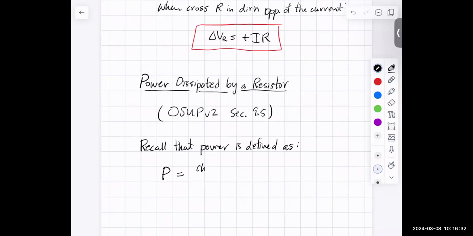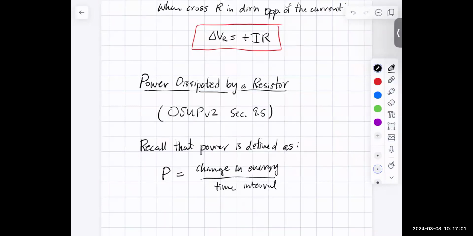It's going to be a change in energy divided by a time interval. So you might remember from Physics 111, if you were talking about power, we could have a change in energy. We could calculate that using work.